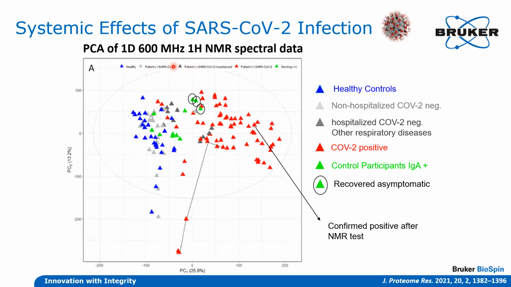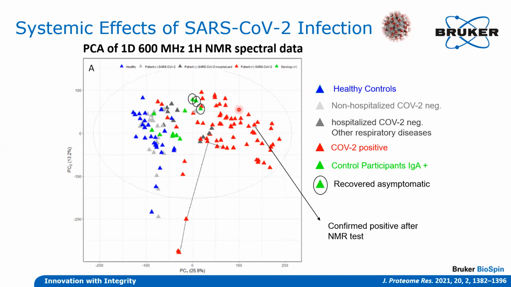The healthy controls are indicated in blue. They are clustering on the left side of the score plot, and then the COVID-19 positive patients are clustering to the right of the diagram.